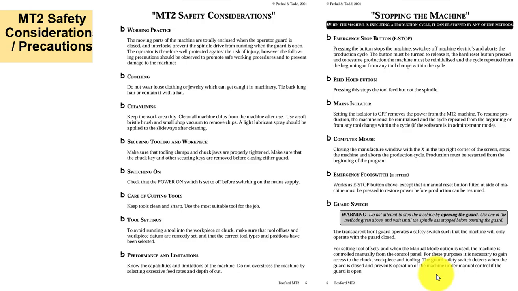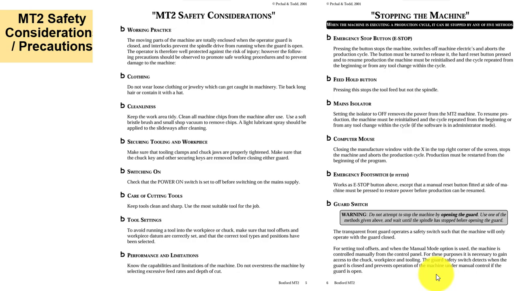Emergency foot switch, if fitted, can be used in case of emergency, or if you want to stop the program for any other reason. Guard switch: here you can see the warning, don't attempt to stop the machine by opening the guard. Use any one of the above methods apart from opening the protection shield to disengage the interlock switch, and wait until the spindle has stopped before opening the guard.